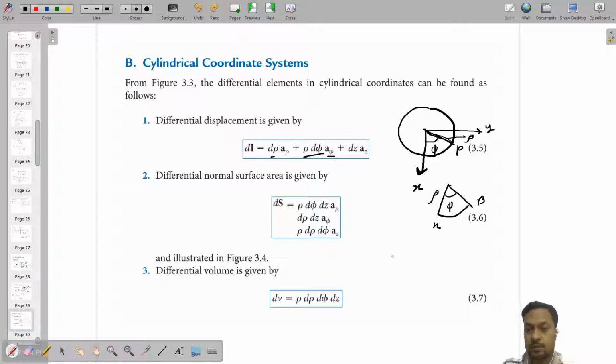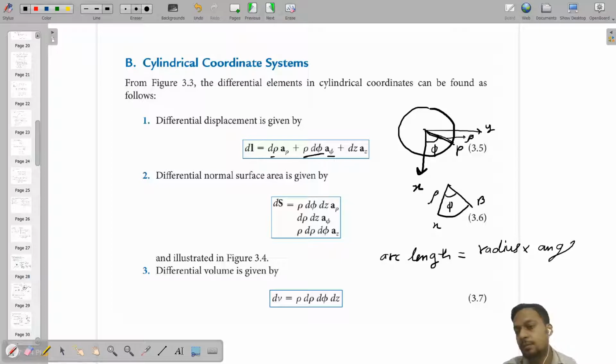From the given figure, the arc length is equal to the radius into the angle subtended.